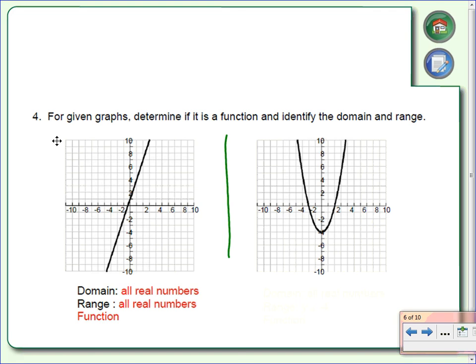So what we're going to do instead is say that the domain is all real numbers. In other words, all the negatives, all the positives, and all the decimals that fall in between. So that's what we mean when we say all real numbers. Range, we're going to do the same thing. The y values, if we try and do that individually, that's too many numbers to write down. So we're just going to go ahead and say all real numbers.